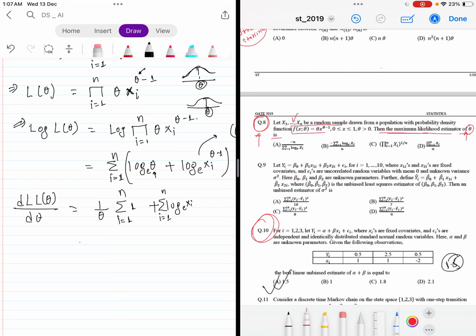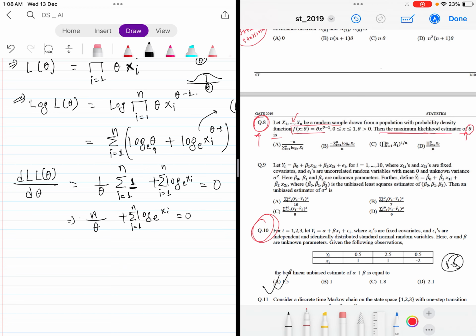Now we can break down this summation and equate it to 0 to find at what value of theta we get the maximum. The first term sums up n times, so it will be n by theta plus the sum of log x_i, equal to 0.